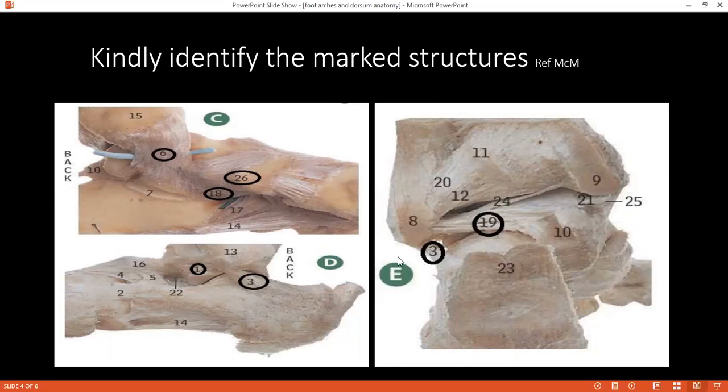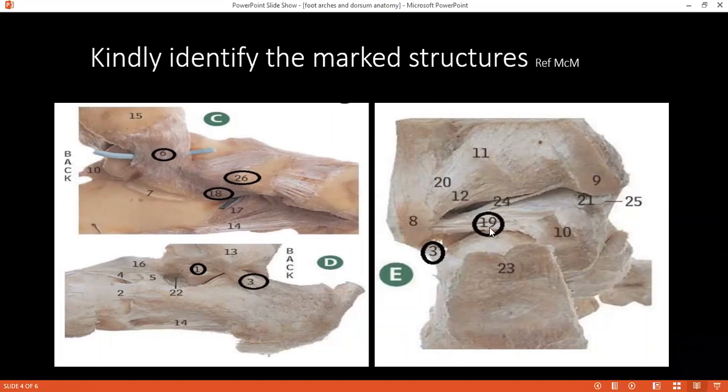Okay, can you identify number 1 and 3 in picture D quickly so that we can move to the next one? So 3 is the calcaneofibular ligament, and 1 is the anterior tibiofibular. Very good.